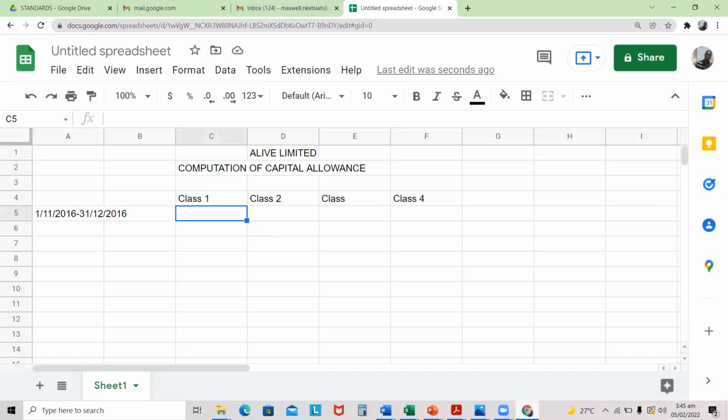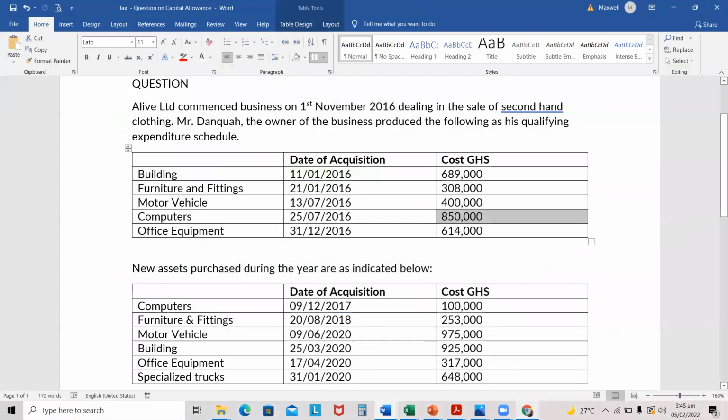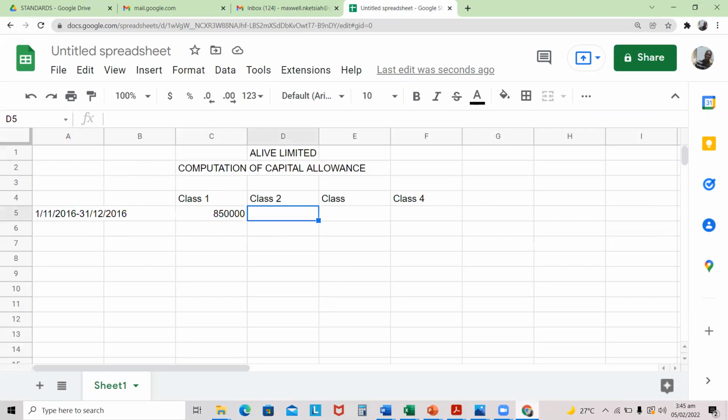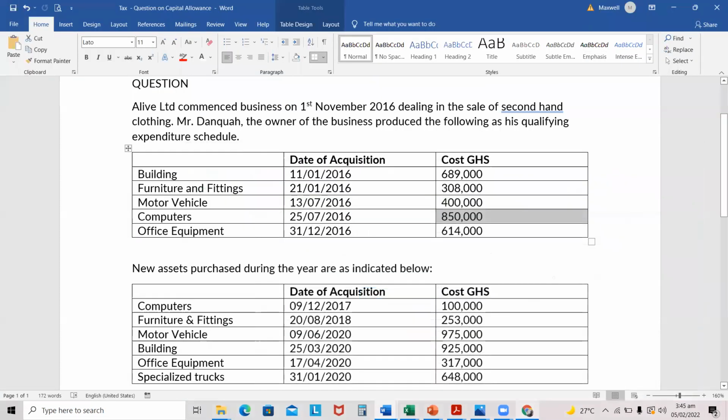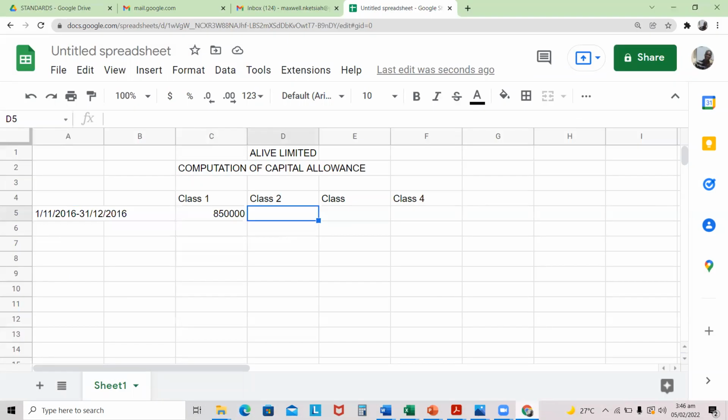Okay, so 850,000. Class 2, we have motor vehicle, 400,000. Only motor vehicle, 400,000.